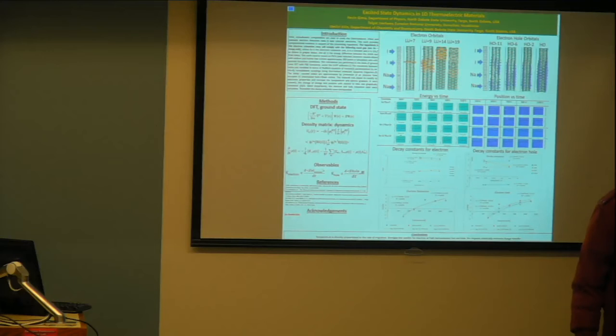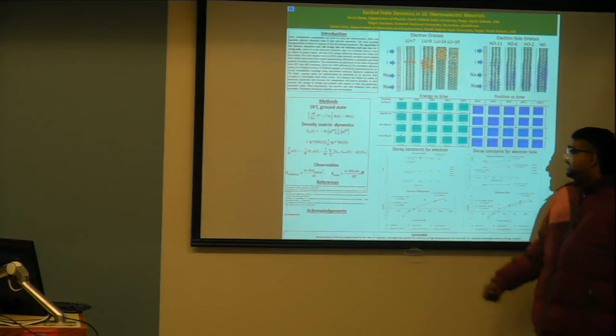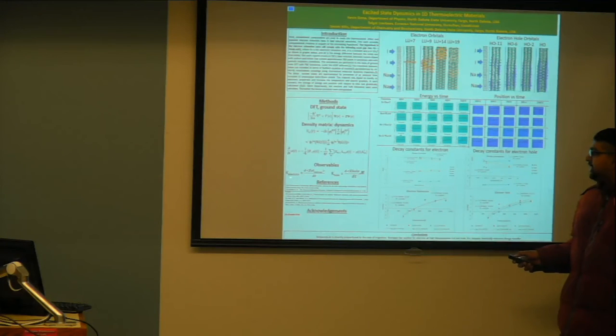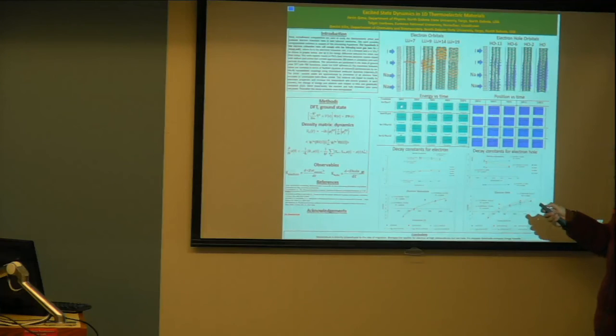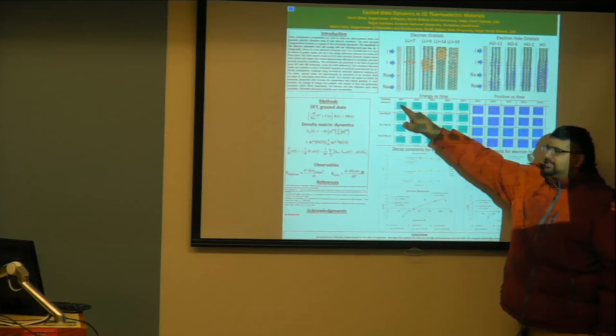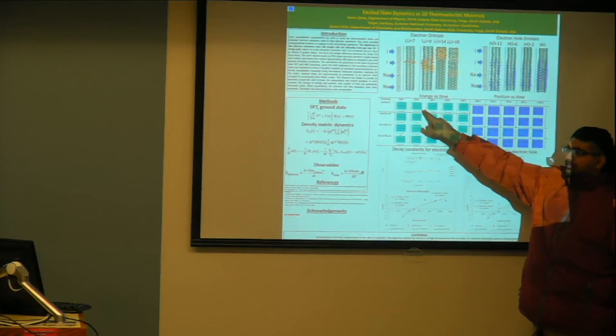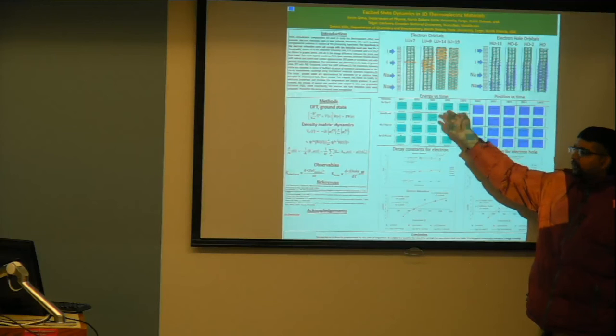How do your observable equations relate to one of your figures? Oh, you mean this? So this is the electron relaxation rate. This is just the derivative of this dashed line right here. You see all these dashed lines; that's the expectation value for the electron.